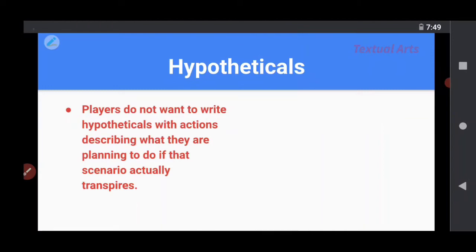Players do not want to write hypotheticals with actions describing what they are planning to do if that scenario actually transpires, because it gives the opponent an opportunity to say, hey, if my opponent says that he's going to duck, or if my opponent says that he's going to do a sweep kick if I block the attack, now I know what he's going to do.